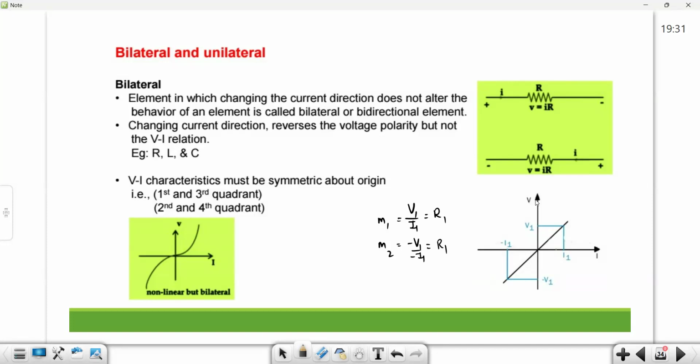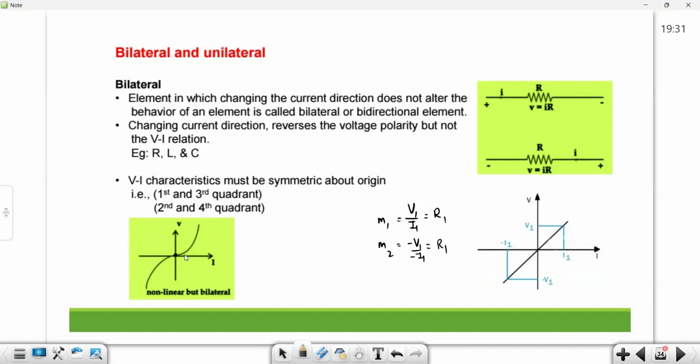Simply, directly by the graph you can tell. This is the real axis, and this is the imaginary axis. From the origin, if the graph is symmetric about the origin, meaning whatever is here, the same graph is there, then it is bilateral.